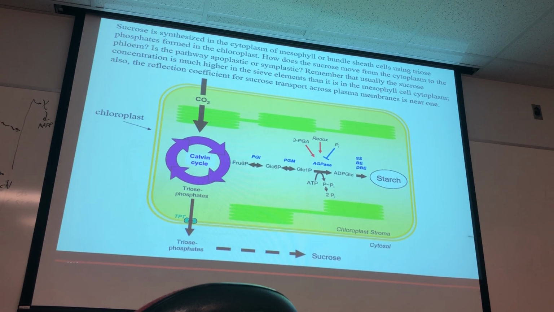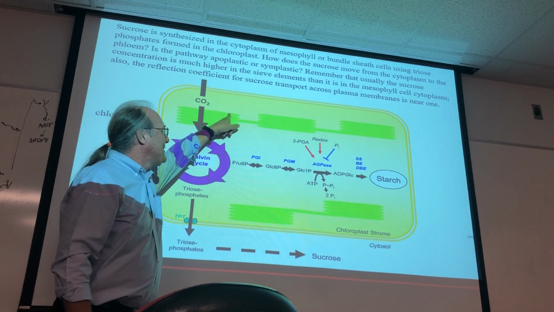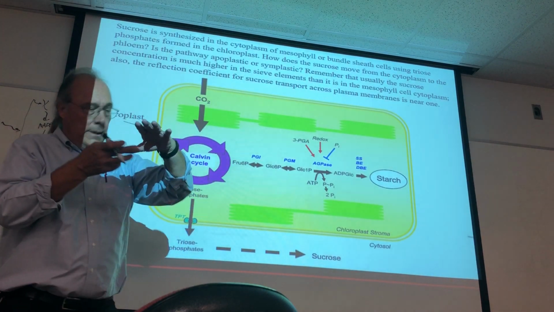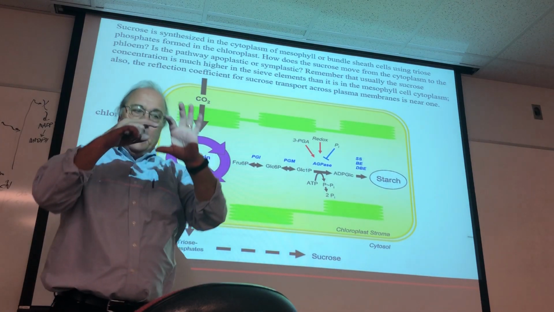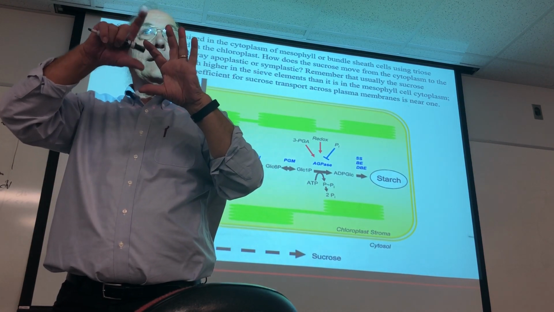And the end result is production of NADPH, which is a powerful reductant, and it results in an electrochemical gradient across the thylakoid membrane. So between the inside of that thylakoid space and the stroma, a gradient in pH and electrical potential.